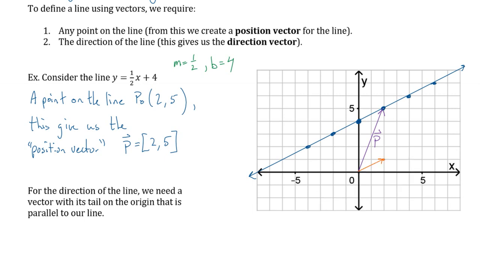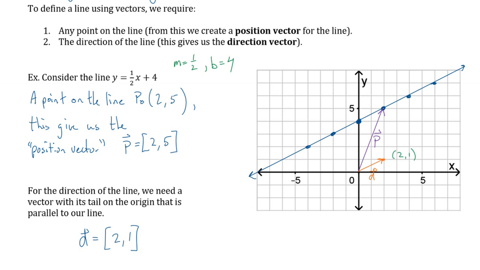So that is going to be the direction vector, and I'm going to call it D. And so vector D is 2 comma 1. I've got to get the x and the y in the right places. So 2, 1. It's a vector with its tail at the origin and its tip at point 2, 1. So that's my direction vector.